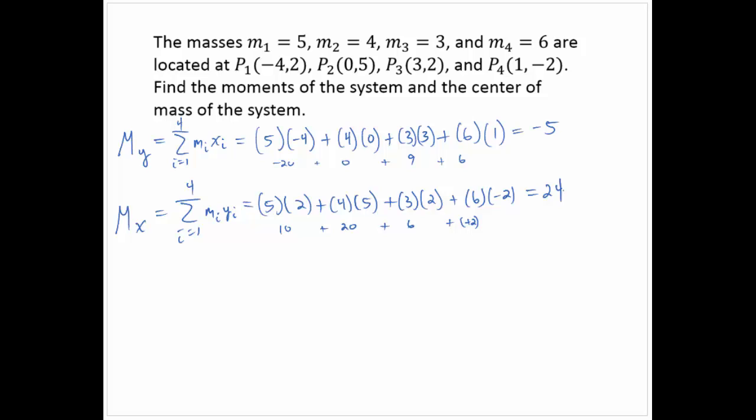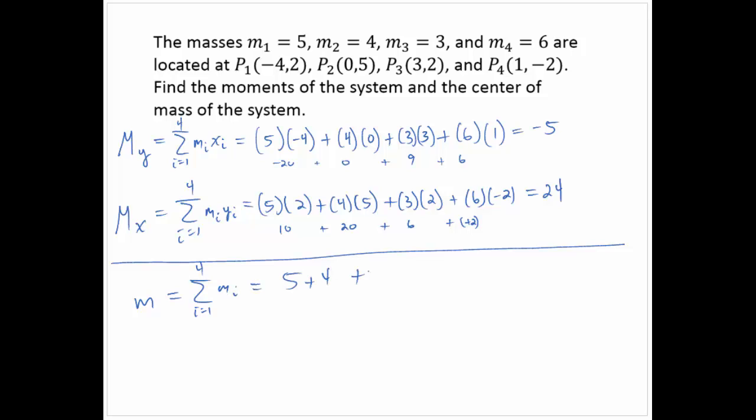So there's the individual moments of the system, the moment about the y-axis and the moment about the x-axis. The sum of the masses would be sigma i equals 1 to 4 of m sub i, which is 5 plus 4 plus 3 plus 6, and that's 18.